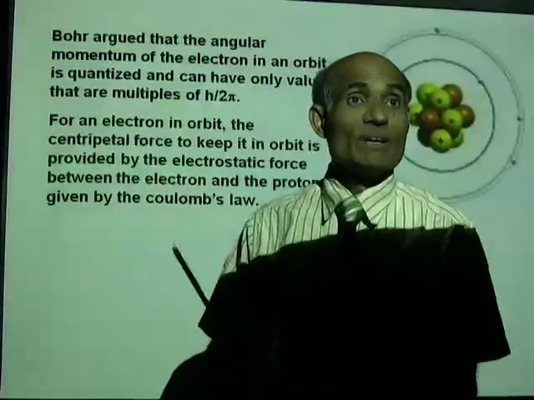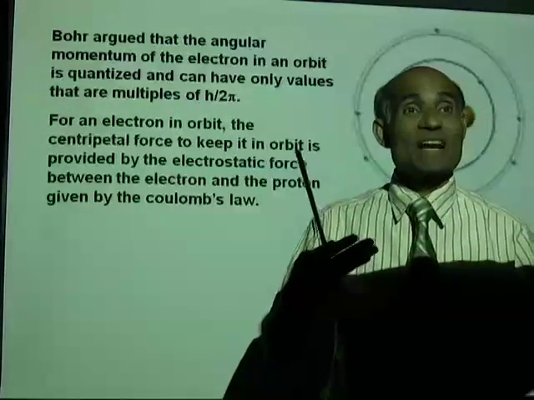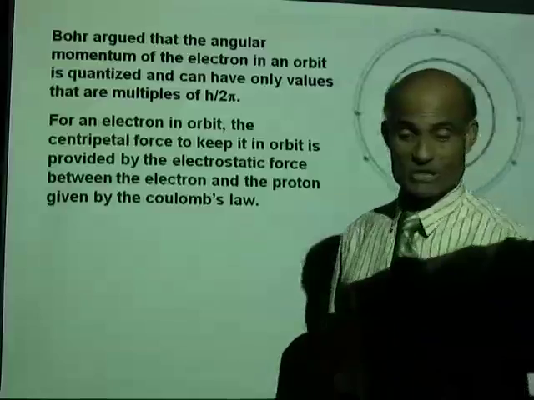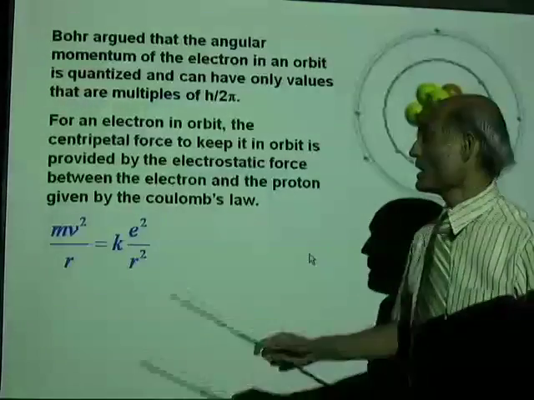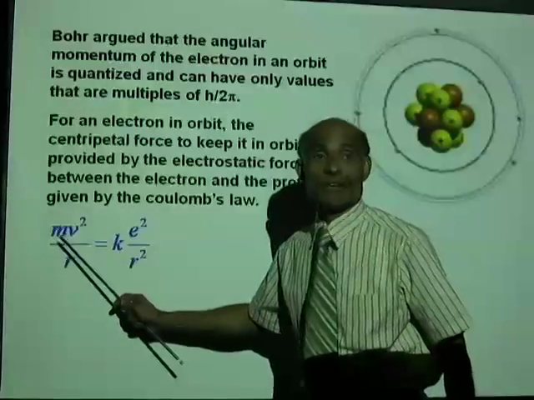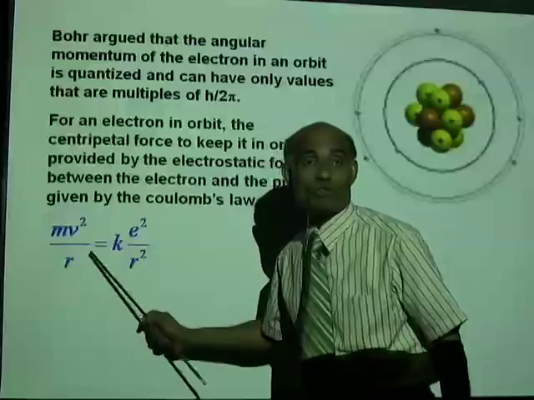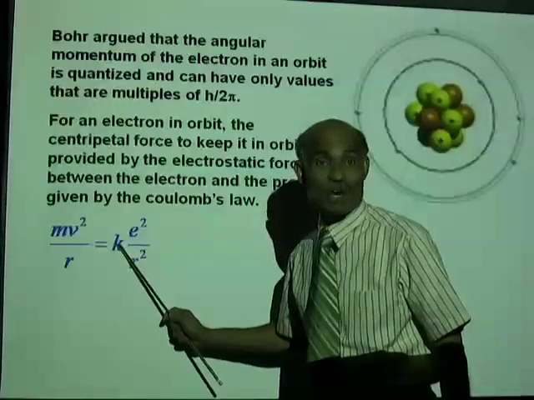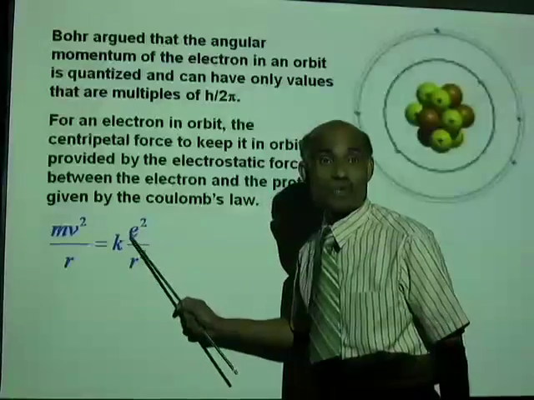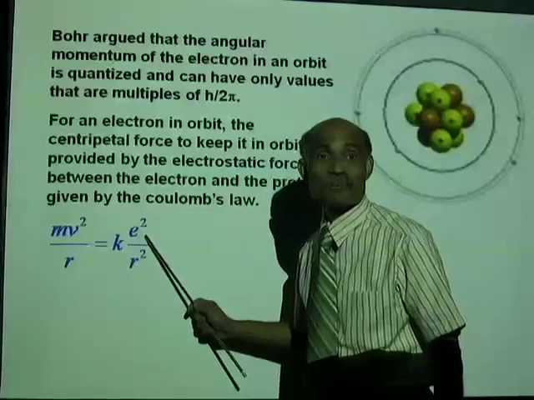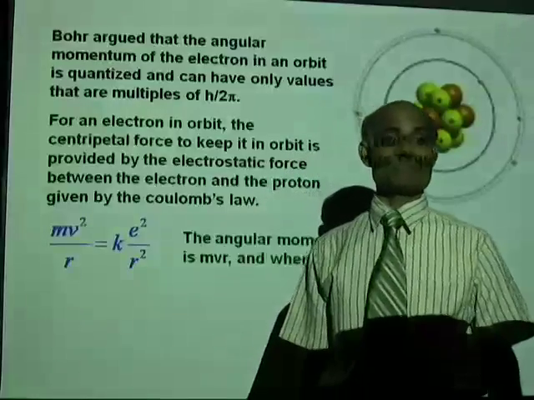So the centripetal force is actually provided by the electrostatic force between the proton and the electron. And we can write this relation: m v squared over r, which is the centripetal force, equal to k, the constant of Coulomb's law, Q1 Q2, where Q1 equals Q2 equals e, and r is the radius of the orbit.